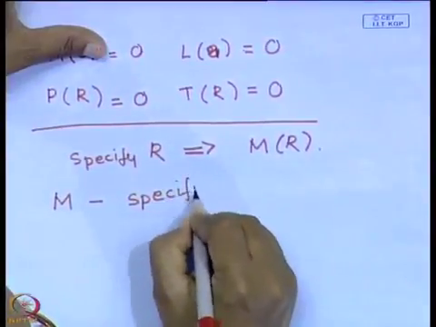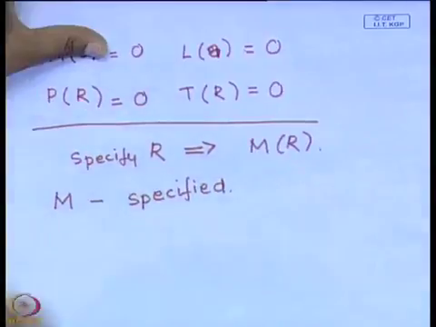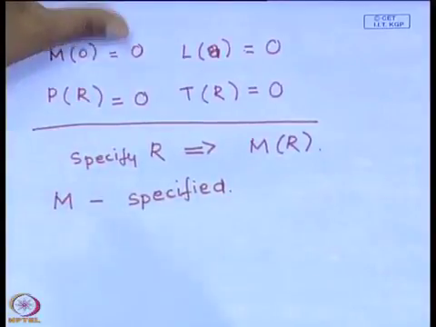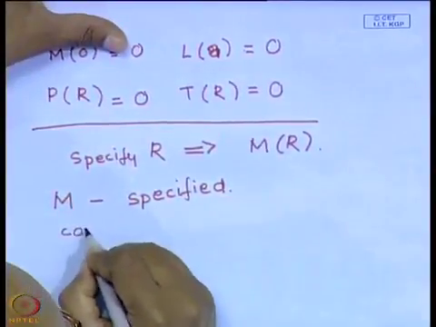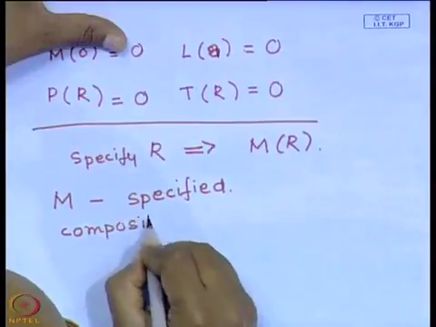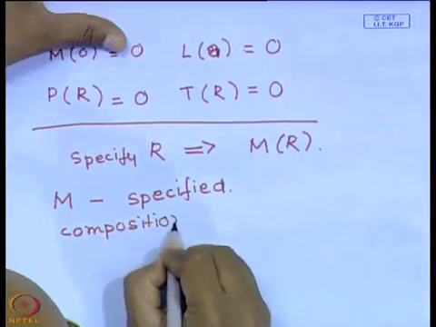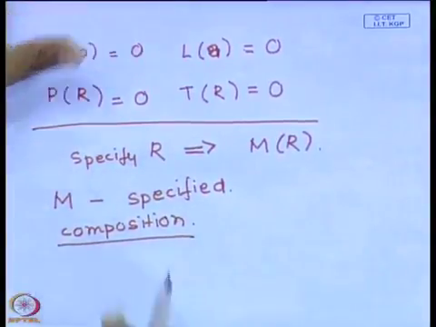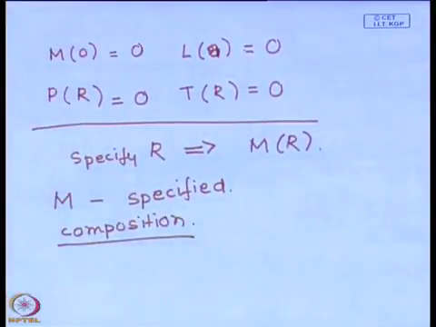So the boundary conditions are reformulated so that you can specify the mass of the star and the composition. This is how we would like to specify the problem.